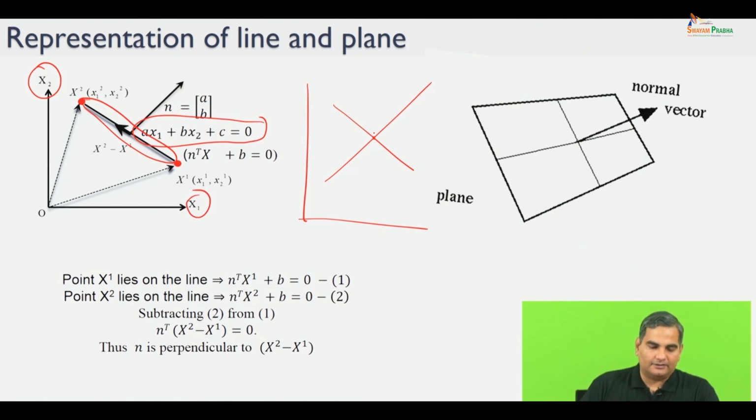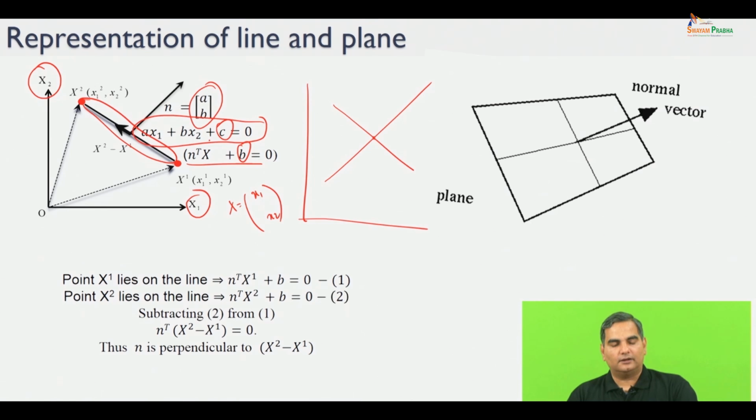Now, let us look at this equation and rewrite it in a form that is generally used, and that form is the following, which is n transpose x plus b equals 0. n is this column vector that is defined here, x is a vector of variables x1 and x2, and if you do a one-to-one comparison between this equation and this equation, you will see that b equals c.